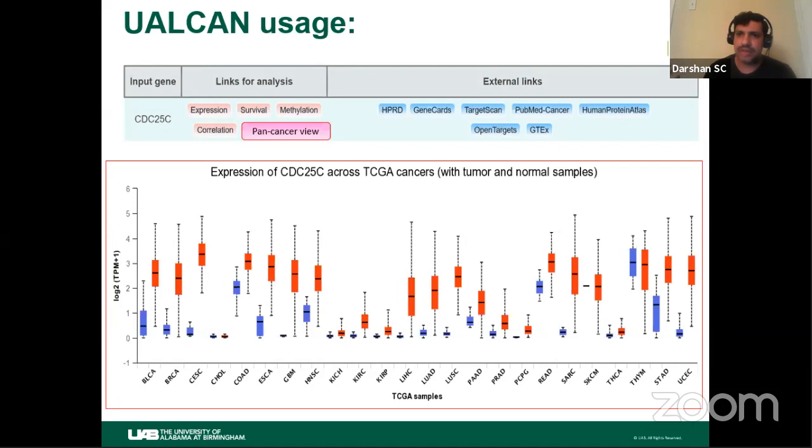They are very famous and most commonly used. The user can click on the links given there, like HPRD, GeneCards, TargetScan. These are databases which are very useful for cancer researchers. They can click on those buttons and be directed to the other databases and gather information.